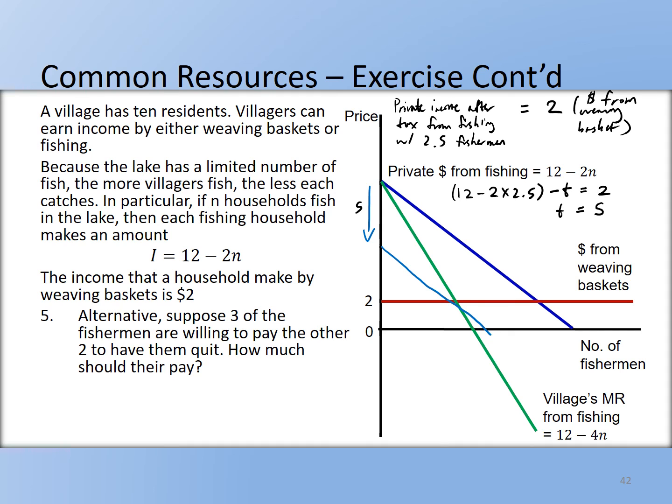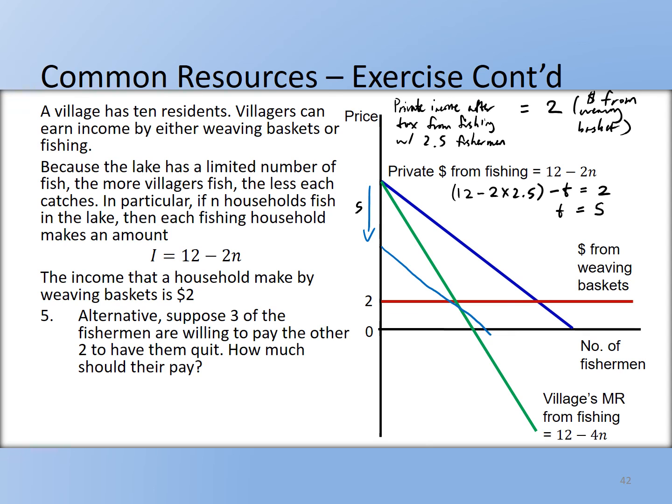Now, in this particular instance, in order to calculate the amount that the remaining fishermen should compensate those who are going to leave, you have to ask, is it enough to just compensate the 2 who are going to leave? Or do you need to prevent other villagers from becoming fishermen?